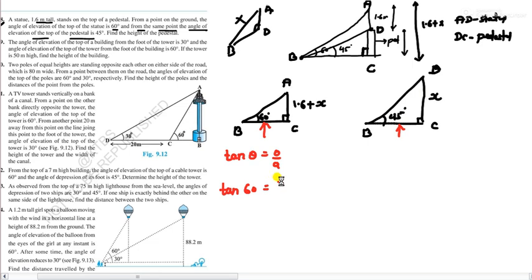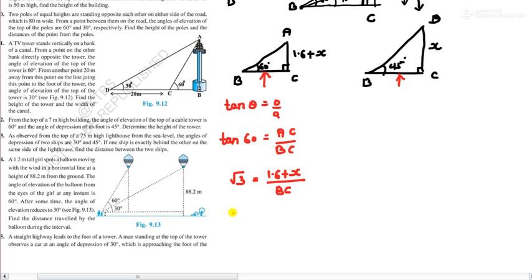It is AC divided by BC. So this is root 3, and AC is 1.6 plus X divided by BC. So if I separate, I'll get BC equals 1.6 plus X divided by root 3. Right? So I'll take this as equation 1.